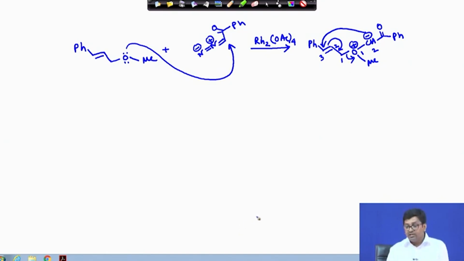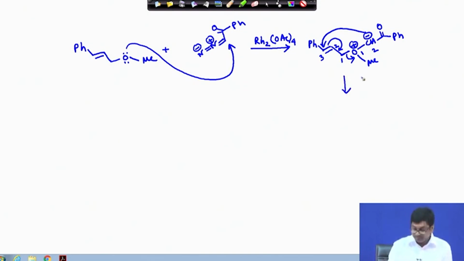So, this is the 2,3 sigmatropic rearrangement, because the sigma bond that is forming is through 2 and 3, and what is breaking is where we have started the counting, that is 1 here. So, this bond is breaking over here and the new bond is forming through here and here. Is it clear? Okay.